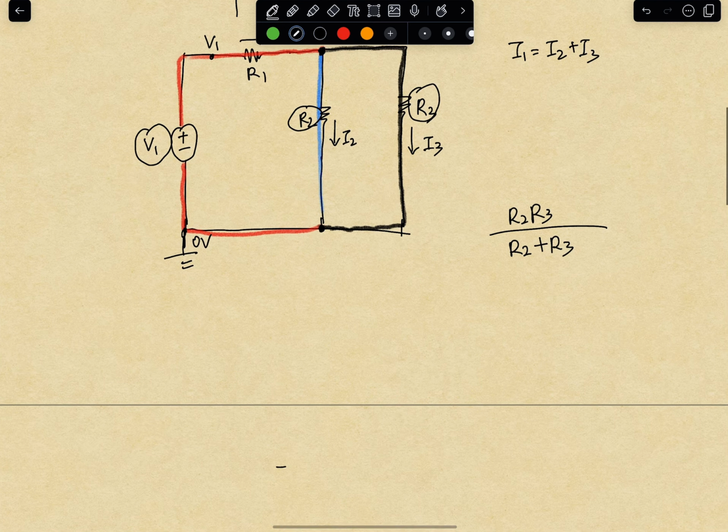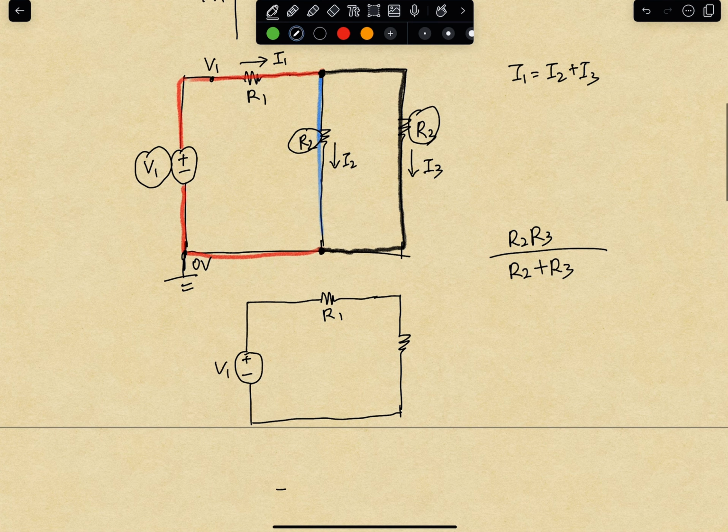So the circuit becomes like this: plus minus V1, R1, and R2 R3 divided by R2 plus R3.